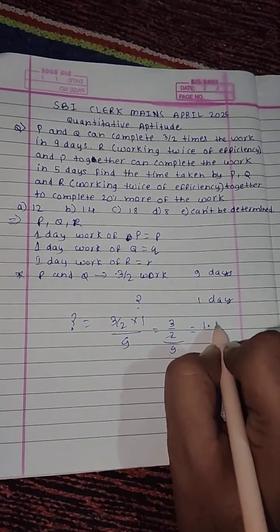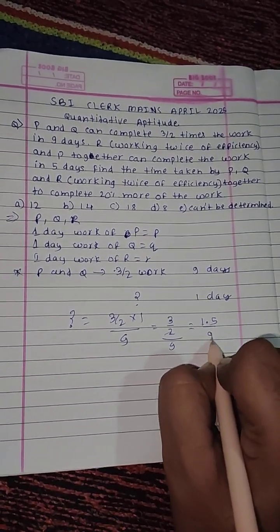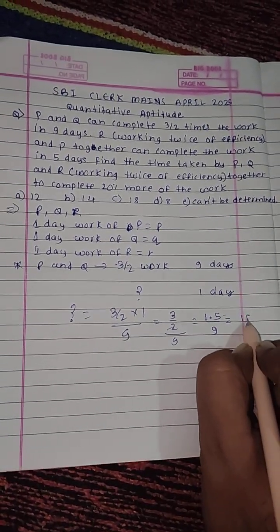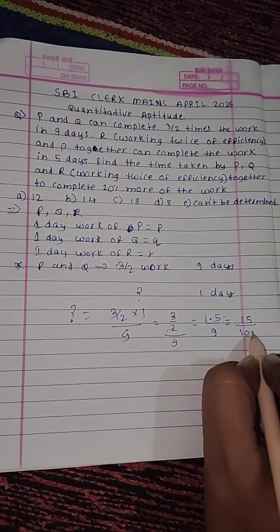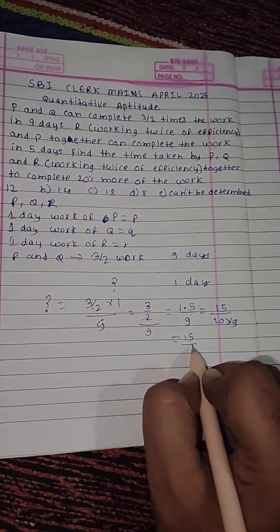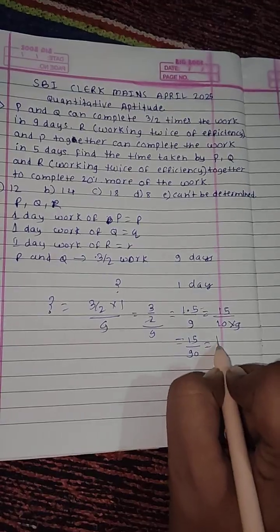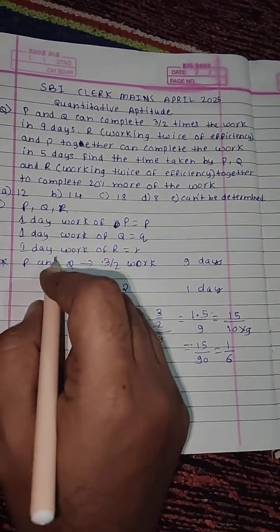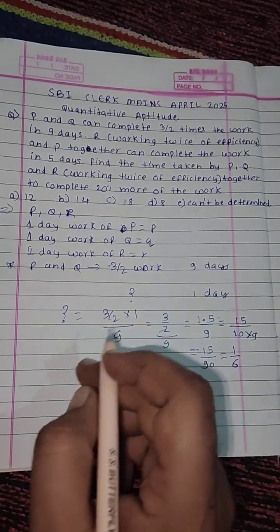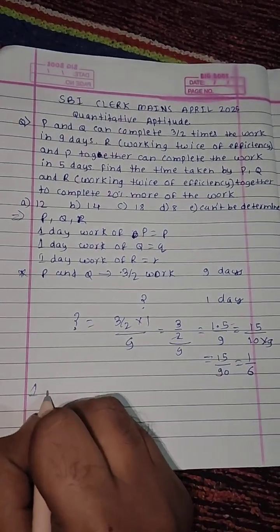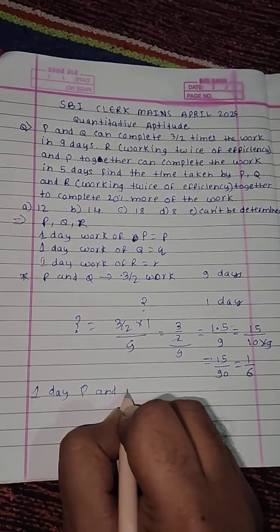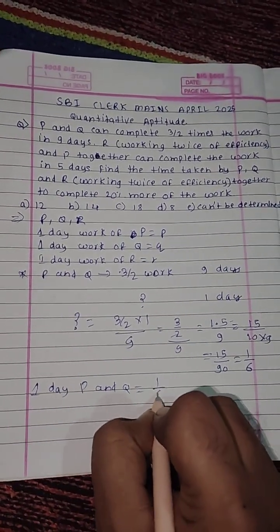3 by 2 means 1.5 divided by 9. We can write 1.5 as 15 divided by 10, so 15 by 10 by 9, that is 15 by 90, so 1 by 6. So in 1 day, P and Q will do work of 1 by 6.